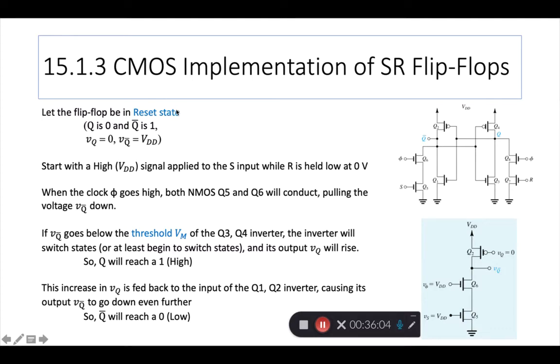It's at a reset state. So if VQ bar goes below the threshold VM of the Q3, Q4 inverter, this inverter will switch states, or at least begin to switch states, and its output VQ will rise. So Q will reach a 1, which is a high.